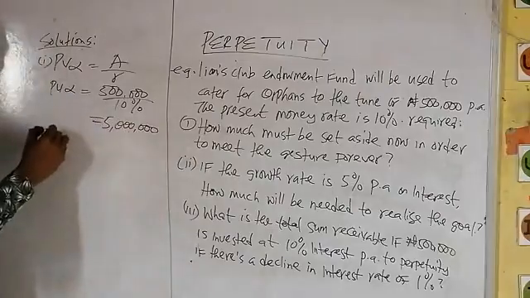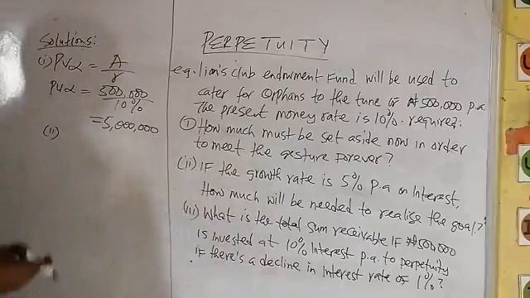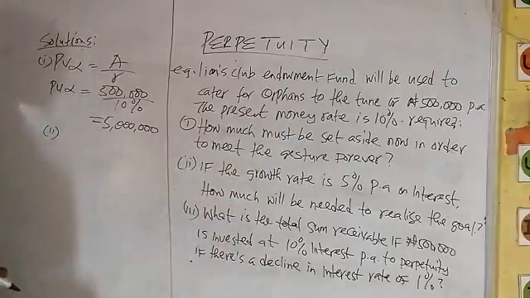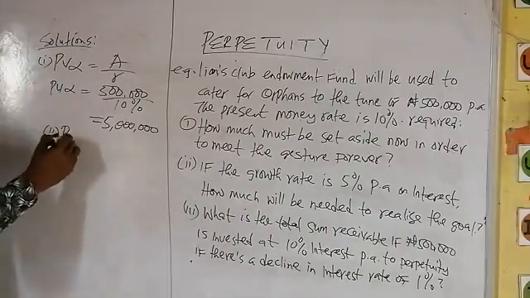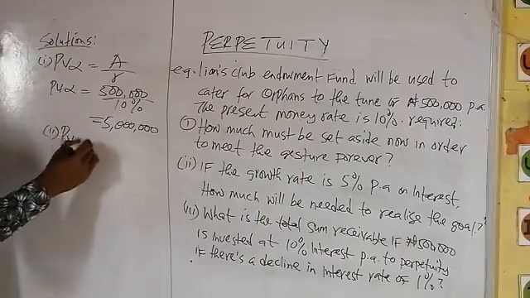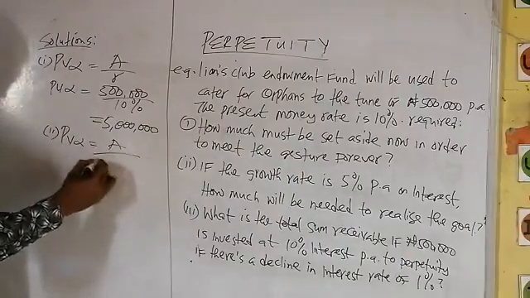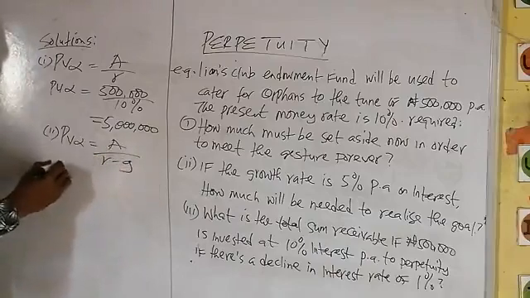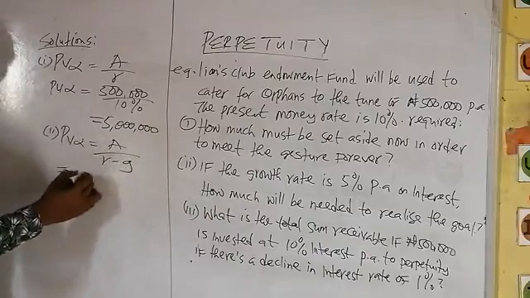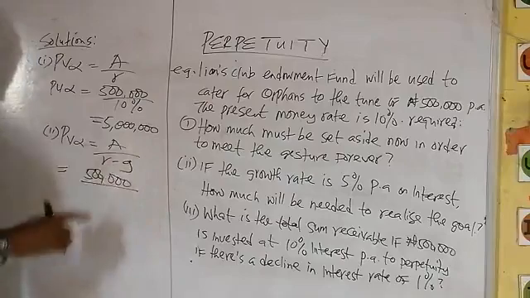2. If the growth rate is 5% per annum on interest, how much will be needed to realize the goal? So the formula for present value of perpetuity, if there's growth, we have it to be A all over R minus G. So it will now be equal to, what is our A? 500,000 all over R. What's our rate?